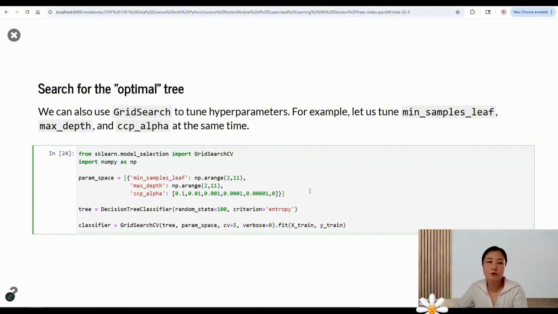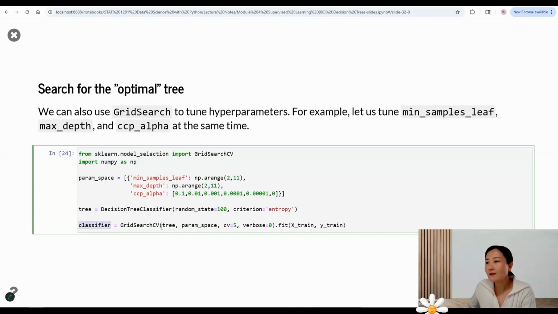Of course, you can choose to tune more, but it will take longer, because GridSearchCV uses cross-validation to find the best model. In our case, we have three dimensions of hyperparameters, and for each dimension we have multiple values. So there will be a lot of trials in the cross-validation.